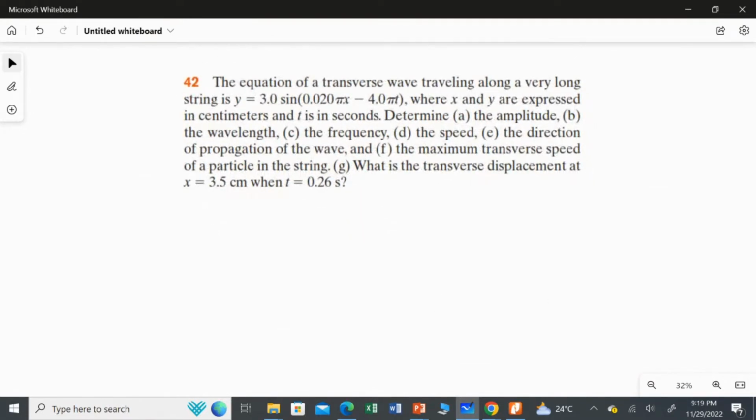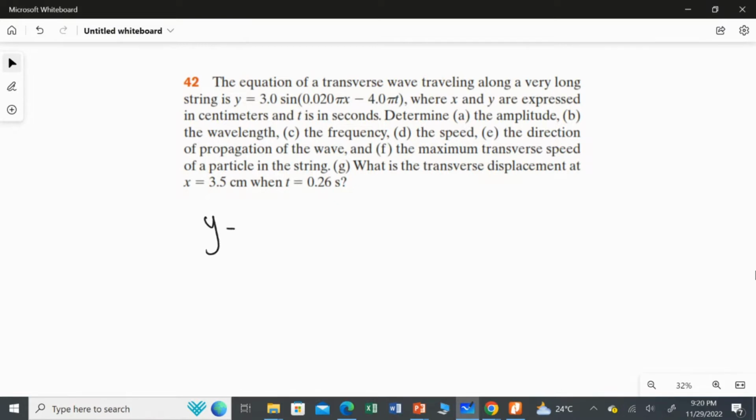The equation of a transverse wave traveling along a very long string is y equal to 3 sine 0.020 pi of x minus 4 pi t, where x and y are expressed in centimeters and t is in seconds. So you have the wave, which is a transverse wave, and its respective wave equation is given. Better I write the equation one more time.